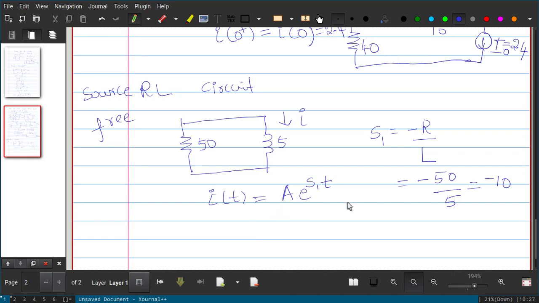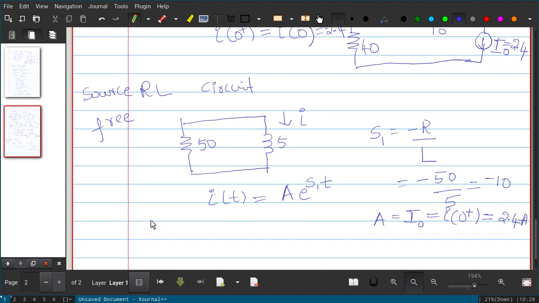And what is A? That also we have found. A is nothing but the initial current I naught, that is I naught equal to I of 0 plus. Soon after the switch is opened, what is the current? That we have already calculated, that is 2.4 ampere.